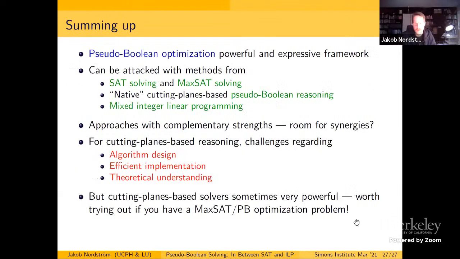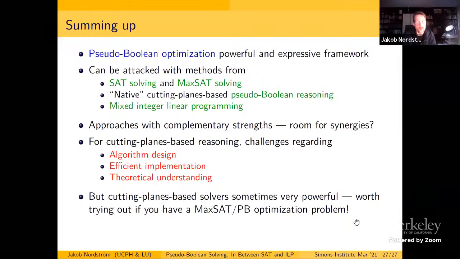Okay, so this concludes my sales pitch. What I wanted to say is that pseudo-Boolean optimization is an expressive and powerful framework, but it's close enough to SAT that you can use all your favorite ideas from SAT. You can use ideas from MaxSat.